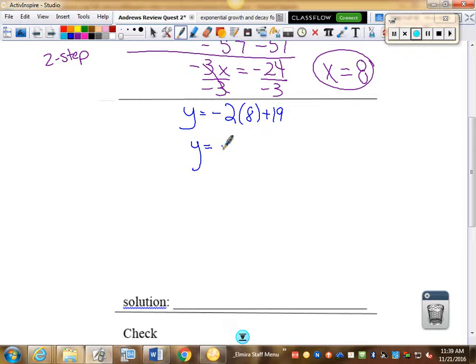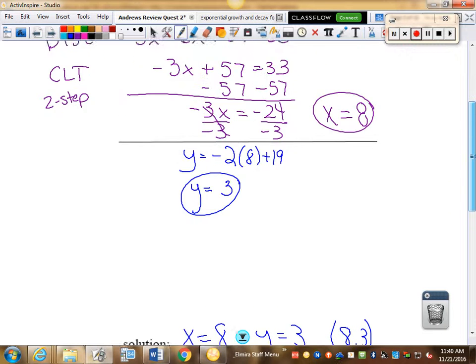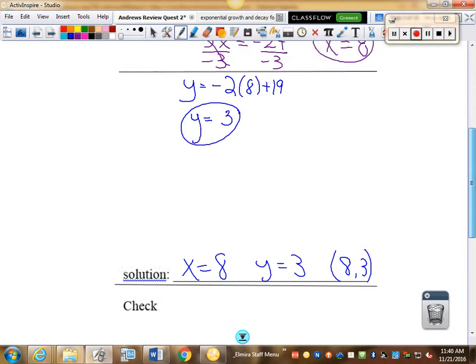Okay, so negative 16 plus 19 is 3. So for a solution, I'd have x equals 8 and y equals 3. If I wrote that in coordinate form, it would be 8, 3. Check. 3x plus 3y equals 33.